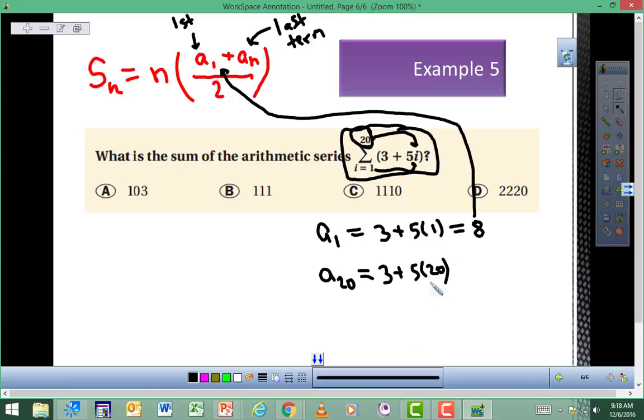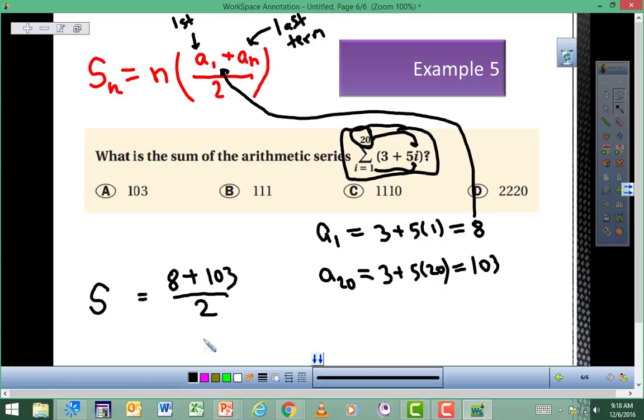Well, 5 times 20 is 100, right? And so 100 plus 3 is 103. Okay, so I have part of this formula figured out. And so I have that one and this one, right? So I have 8 plus 103. I'm going to divide that one by 2.